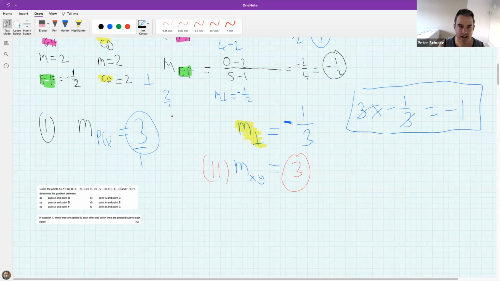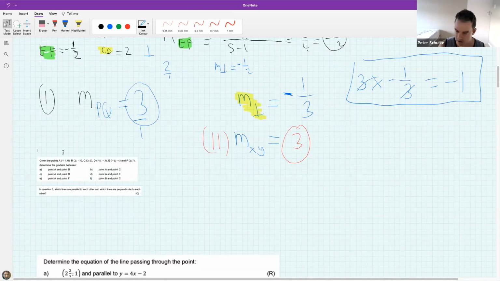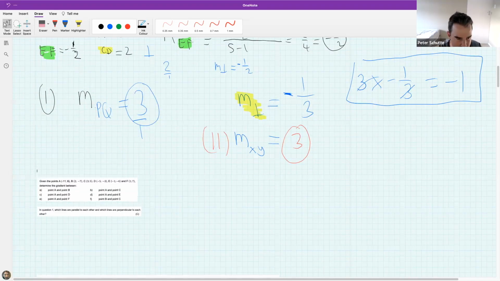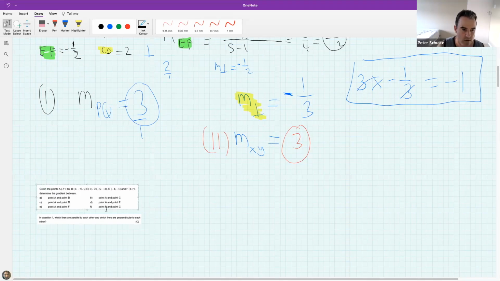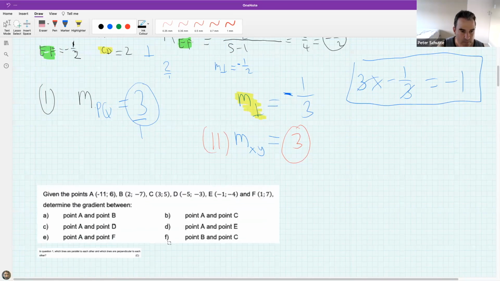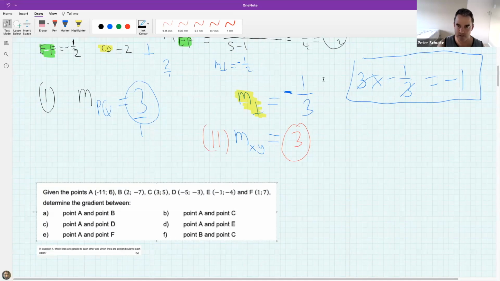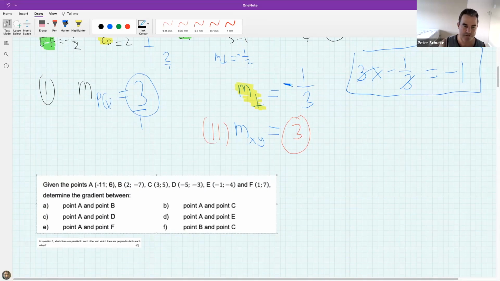So let us find, okay, here we go. I'm going to give you this set of points, and I want you to find the gradient between these different points.